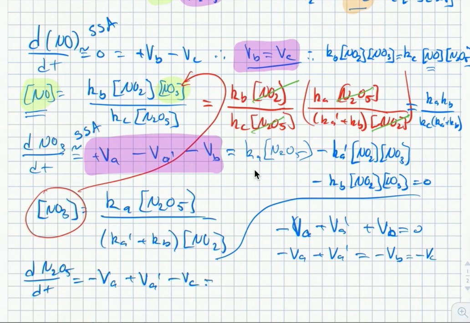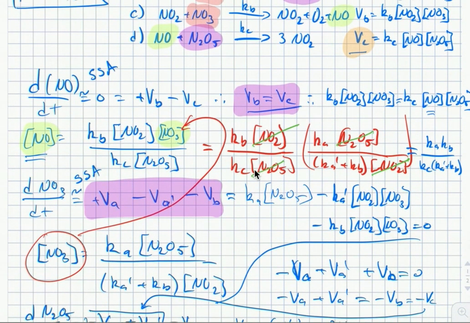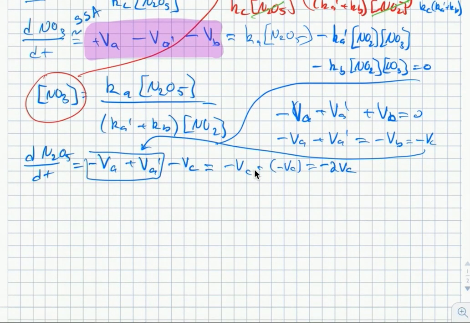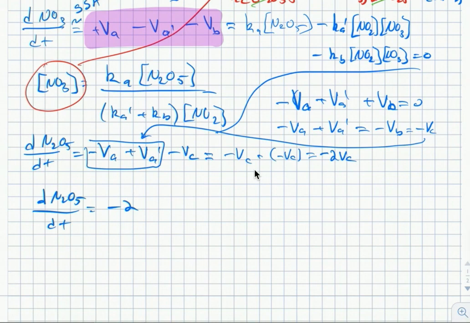So over here this piece can be replaced with minus VC plus a minus VC, meaning that equals minus 2 VC. And if we go up, we can use the definition for what VC is. Down here we'll say then that dN2O5/dt equals minus 2 times VC.